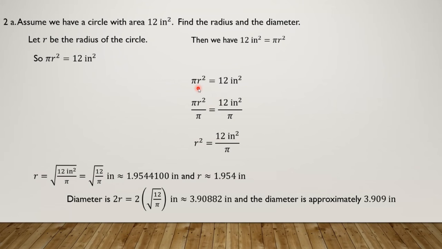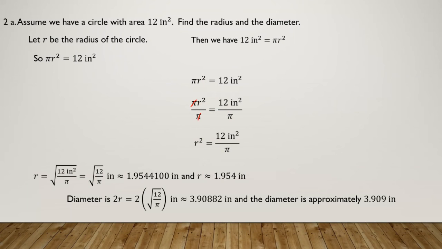Okay, so we can divide both sides by pi, right? Dividing, we get pi r squared over pi is 12 square inches over pi. What happens here? The pi's are going to cancel. Actually, let me get the pen and show that. Although hopefully you can see that, right? These two cancel.